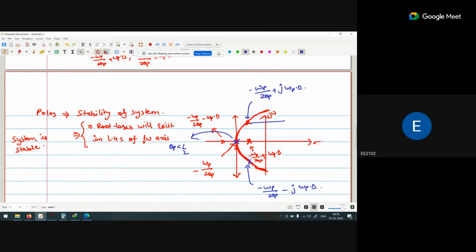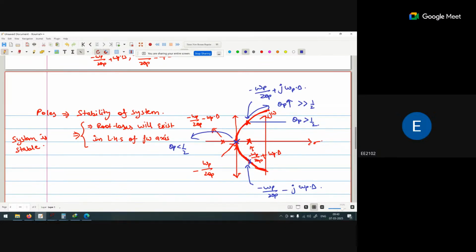Now, at this point, it will be QP greater than 1 by 2. If we further increase the value of QP, then QP value is greater than 1 by 2.